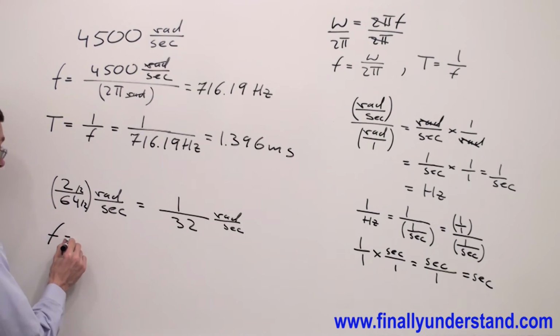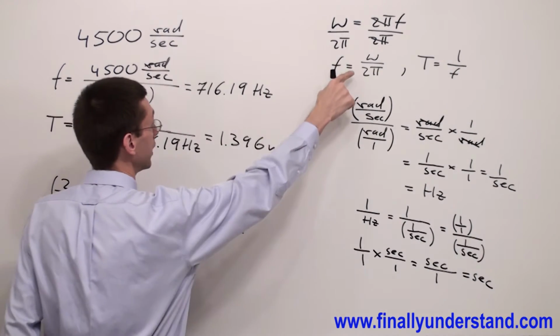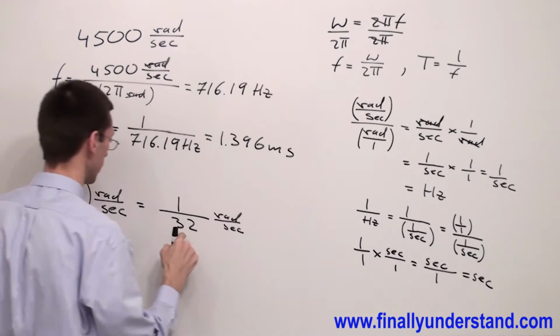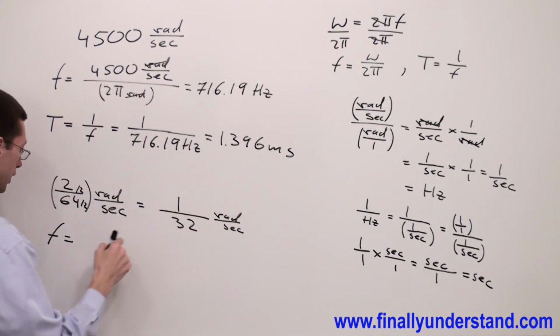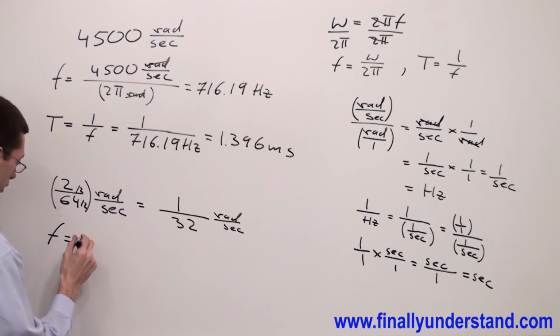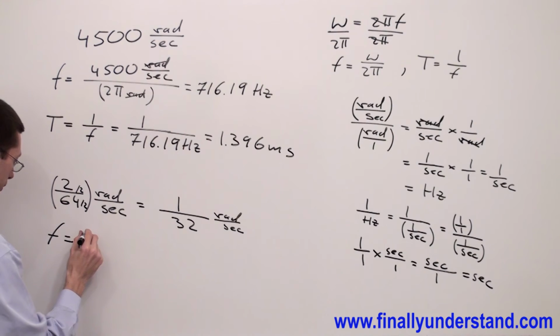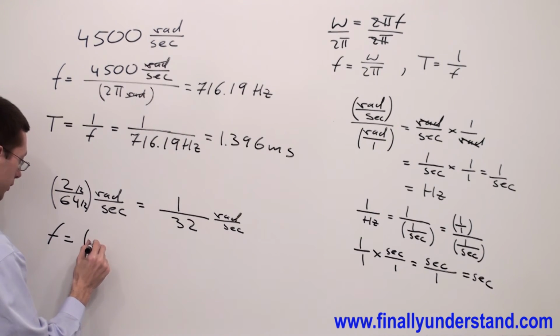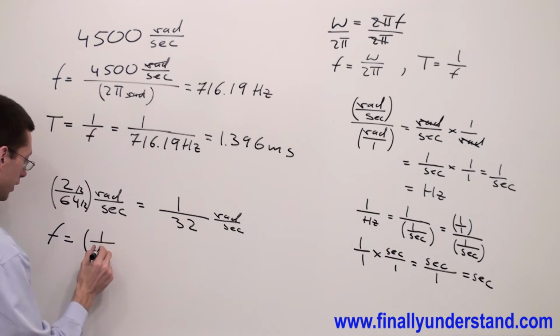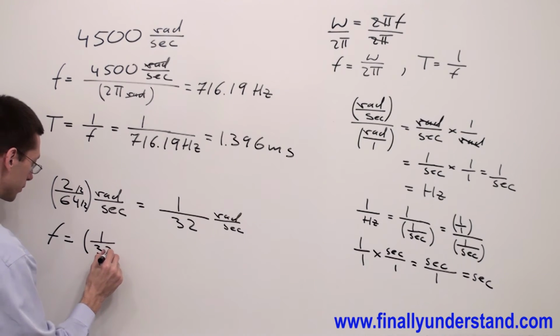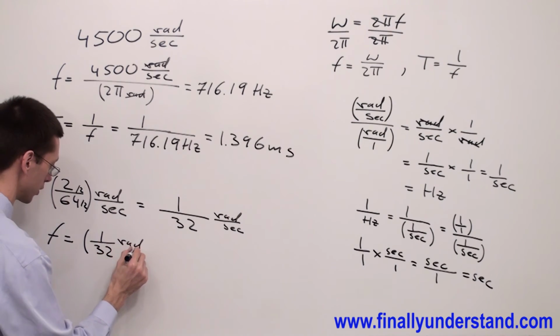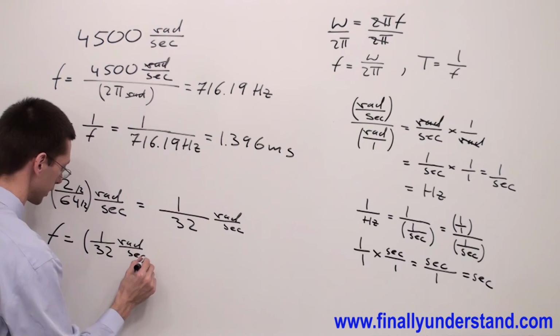Frequency is equal to omega over 2 pi. Because my omega is expressed in terms of a fraction, I'm going to write this expression in the way you're supposed to enter it into the calculator. So simply 1 divided by 32, and this is of course radians per second.